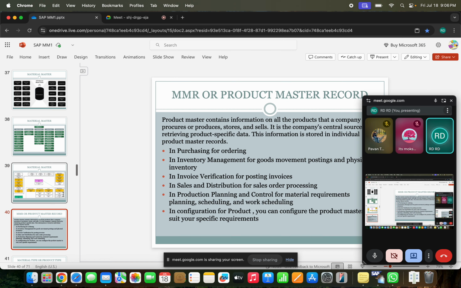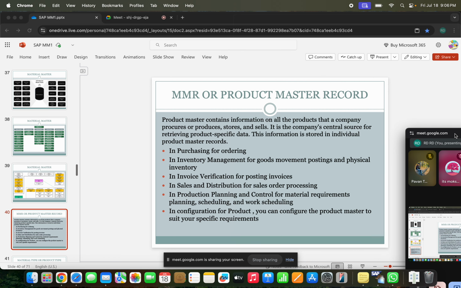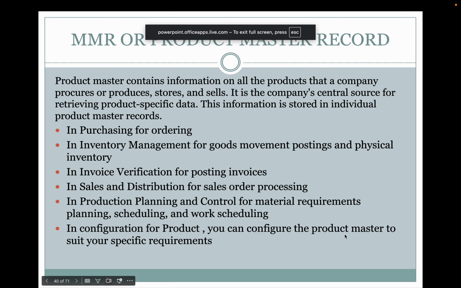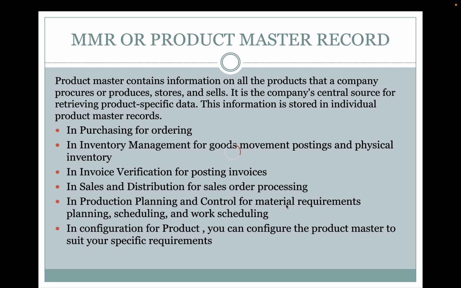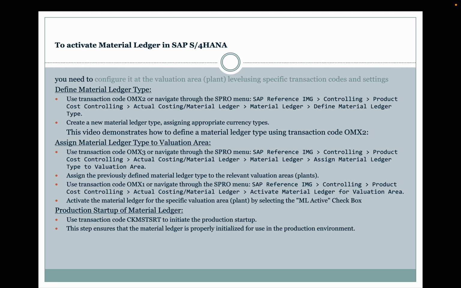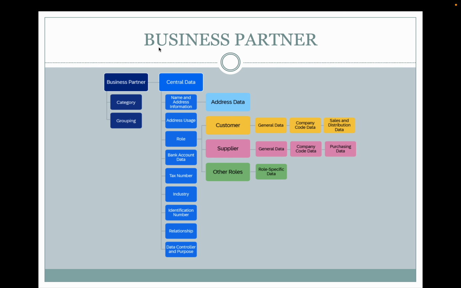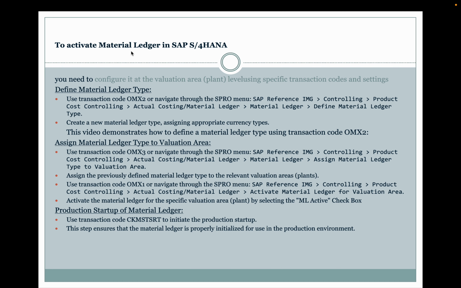So when you are doing the material master in S4 HANA, there were some changes from ECC to S4 HANA. In ECC we don't have any restriction, but in S4 HANA we have a restriction to create a material master: the material ledger is mandatory.